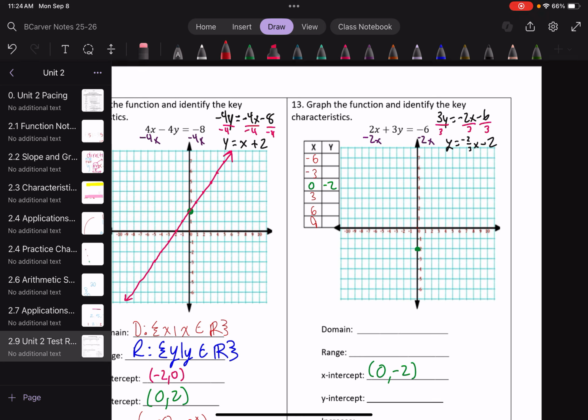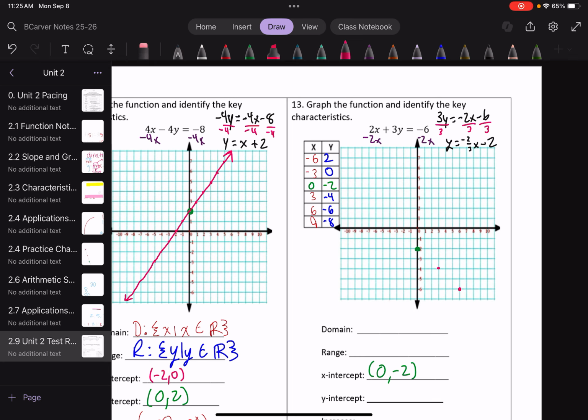So at negative 6, we get the output of 2. At negative 3, we get the output of 0. At 3, we get the output of negative 4. At 6, we get the output of negative 6. And at 9, we get negative 8. So let's graph that. So I've got (0, -2) with a slope of down 2, right 3.